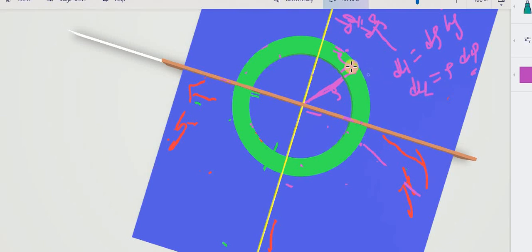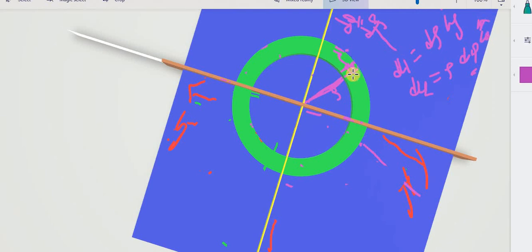So this is the line change. So dl1 is d rho in the direction of a rho, and for dl2, it is rho d phi, because the arc length is rho d phi, and the direction will be a phi.